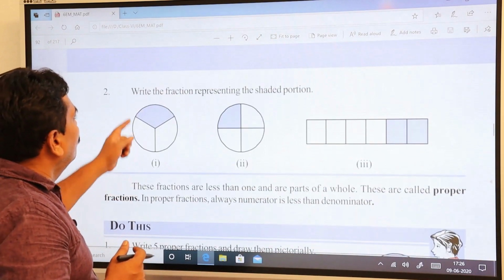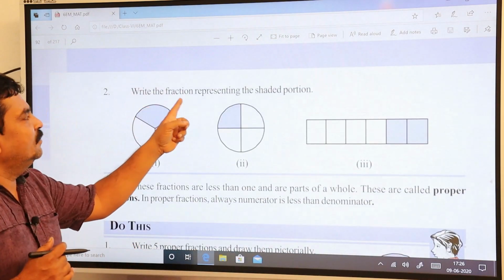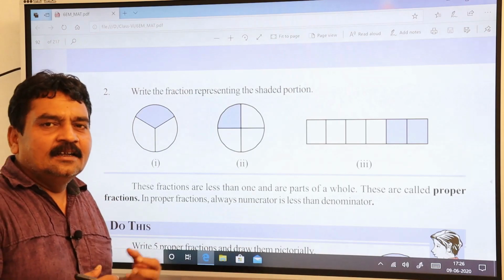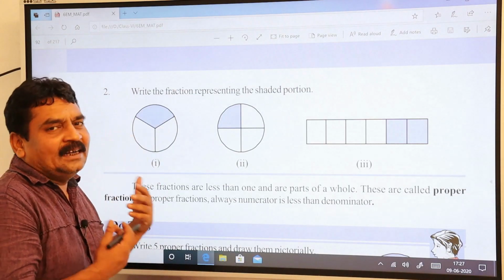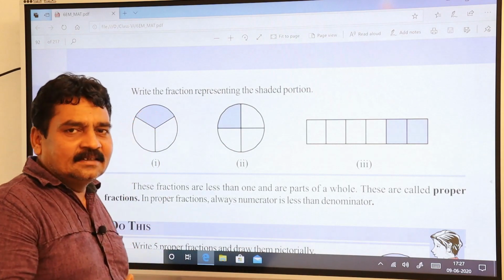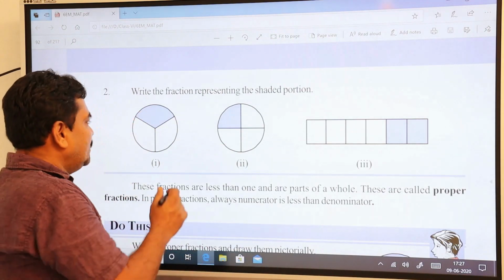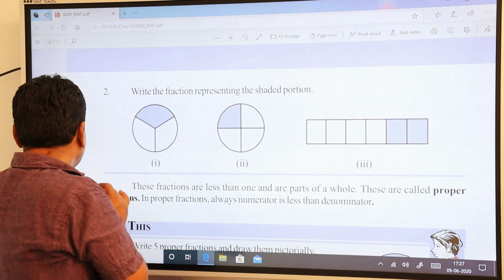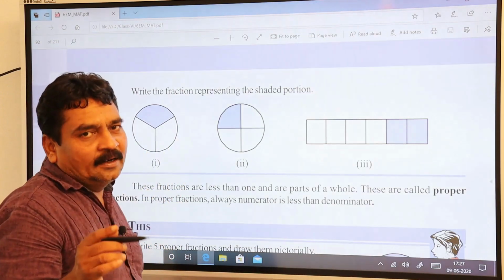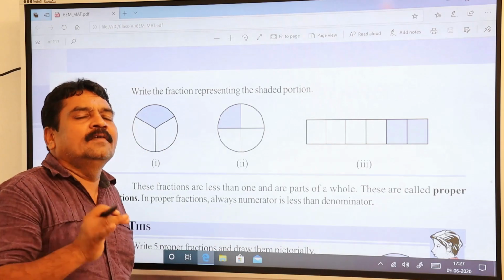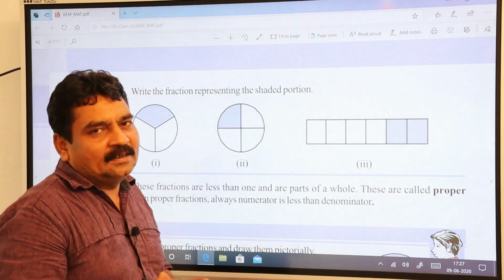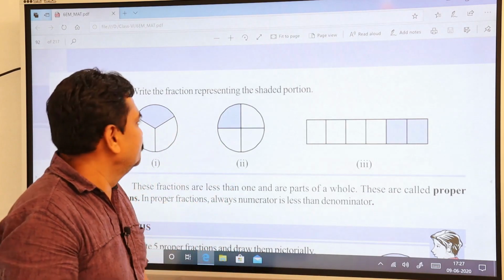See here, write the fraction representing the shaded portion. You have to find what fraction the shaded portion is. It is very easy. First, a fraction means you should have a numerator and a denominator. Second, the denominator should always represent the number of parts of the given picture.